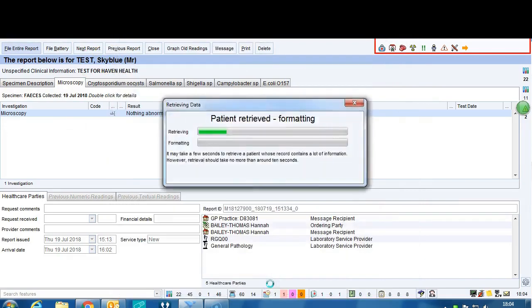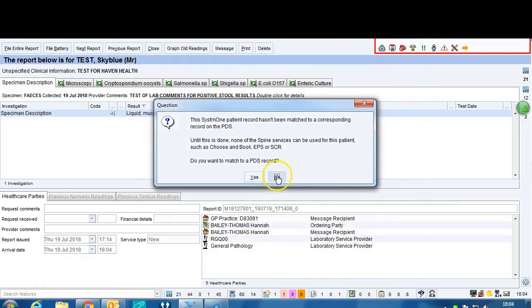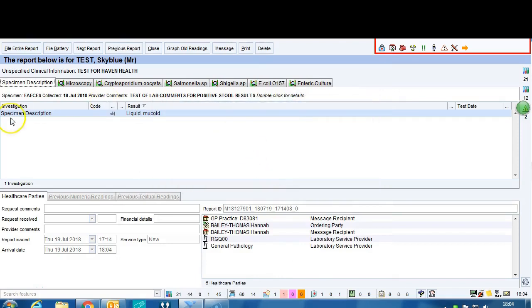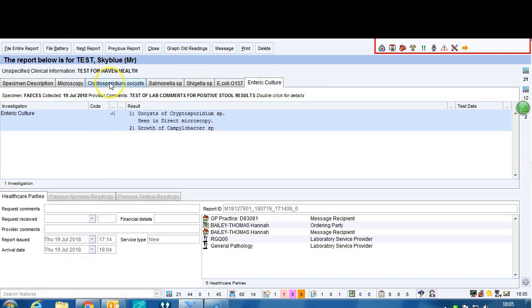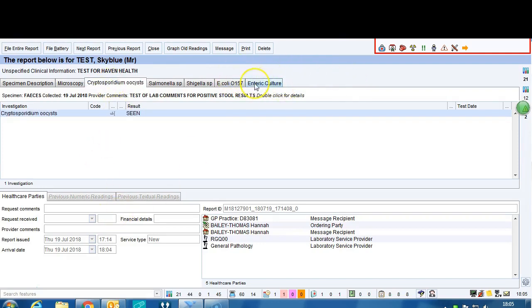File number report. Here we go, it's another one. So again then, description, don't worry about liquid, mucousy, doesn't matter. Nothing abnormal. Whatever this is, seen. So seen, they tend to put positive stuff in capitals, so that's abnormal. That's negative, negative, negative. So when they've seen something, this bit at the end will say culture.